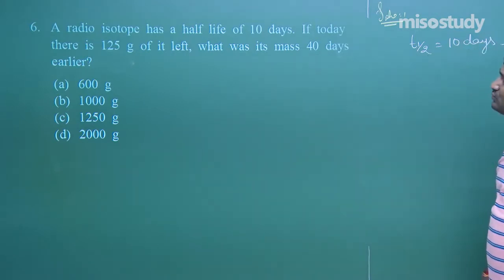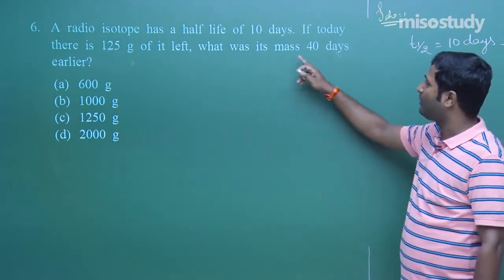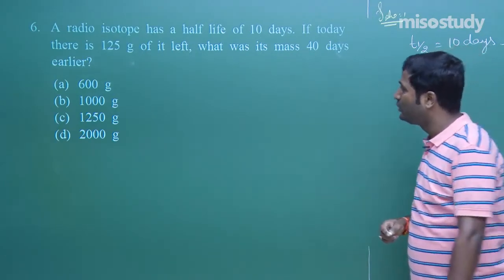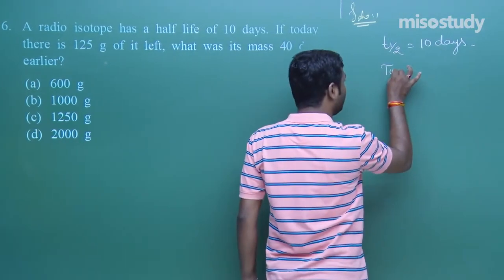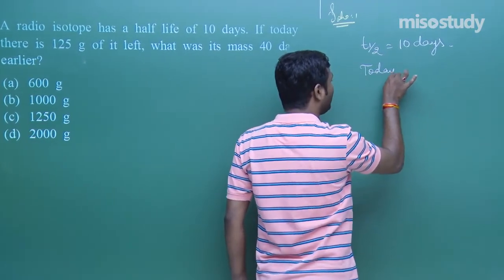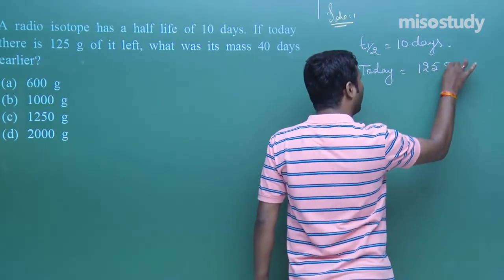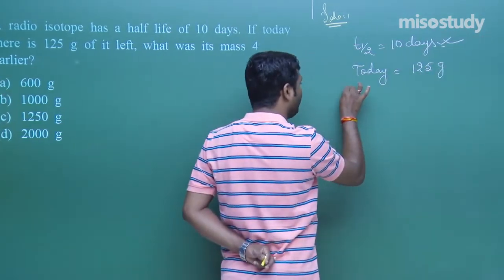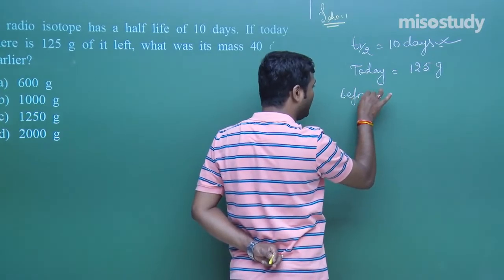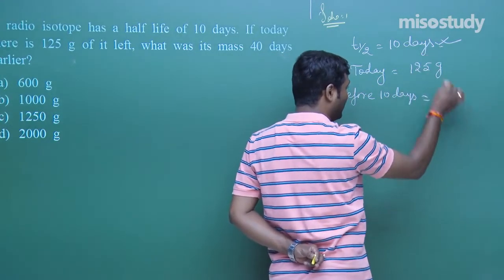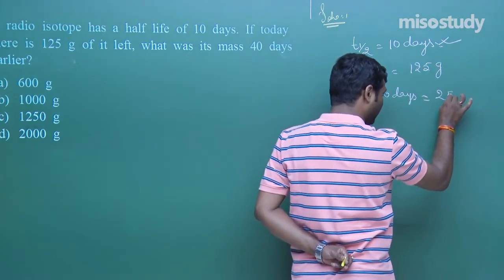If today there is 125 gram of it left, what was its mass 40 days earlier? Listen carefully, this is a slightly tricky question. Today 125 gram, half life is 10 days. So before 10 days what will happen? Just double, because half life is 10 days. So 250 gram.